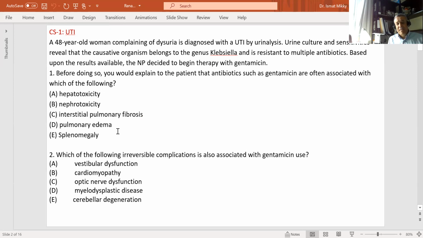Of all the aminoglycosides, gentamicin and tobramycin are the most nephrotoxic.